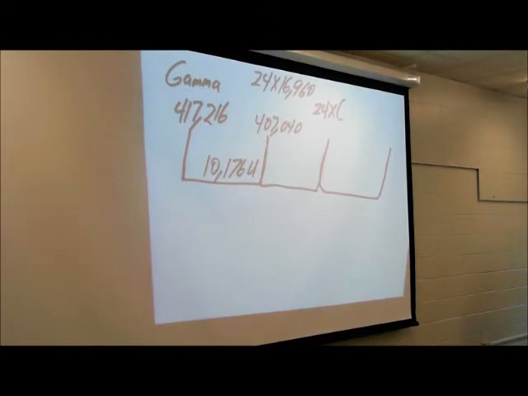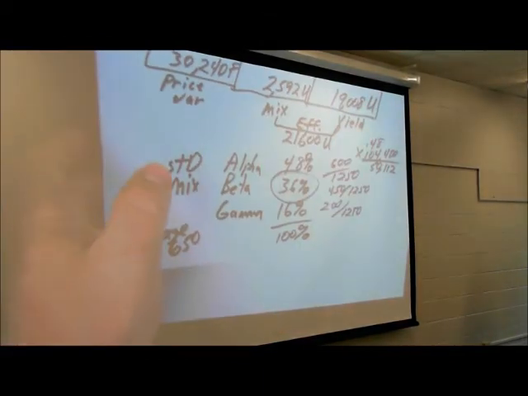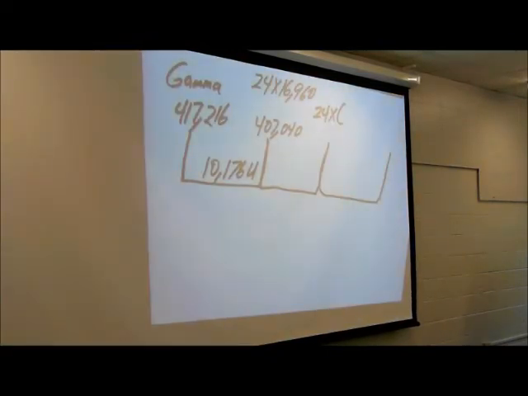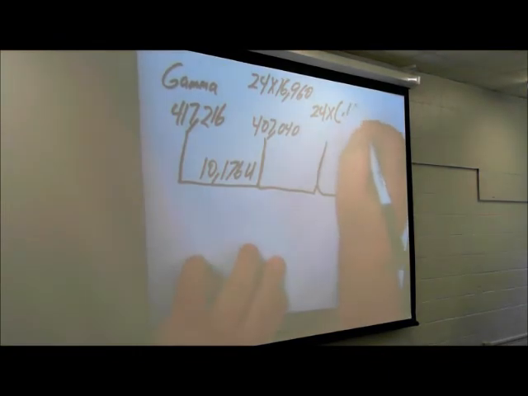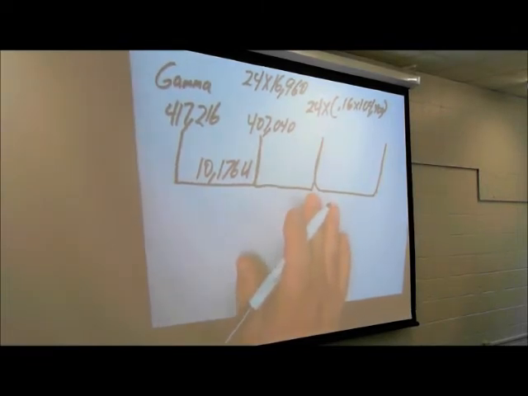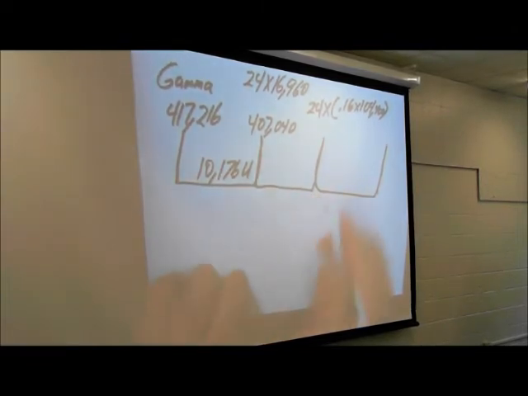Okay, going back here, we said gamma was 16%. Again, 16% times that 104,400. And what do we get when we do all that? 4,896. 408.96.